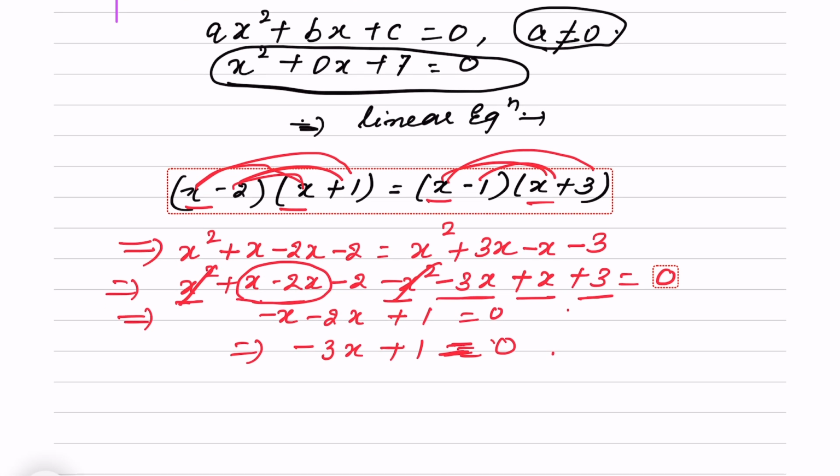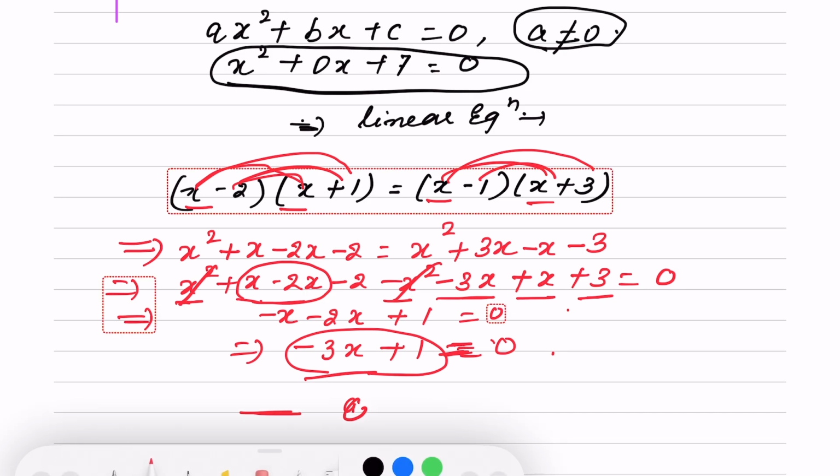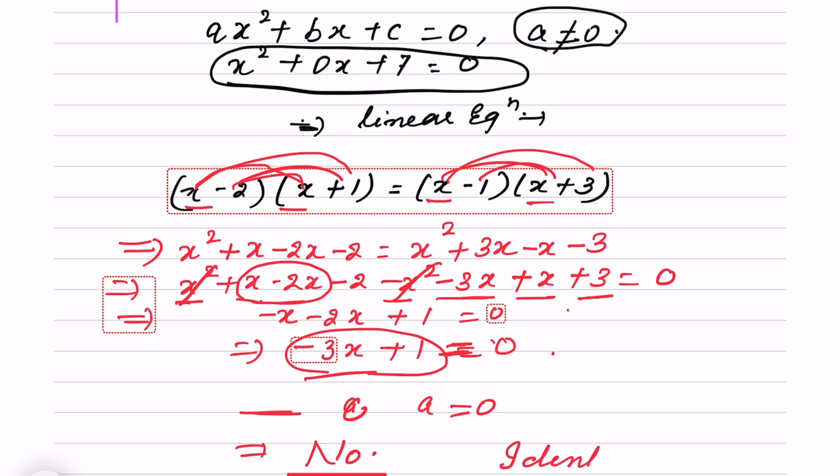Here you see that the term with x square is missing. That means a is 0 here. So this is not a quadratic equation. My answer is no. This way you will identify a quadratic equation after simplifying. Thank you.